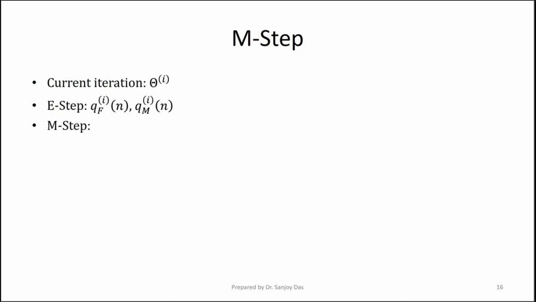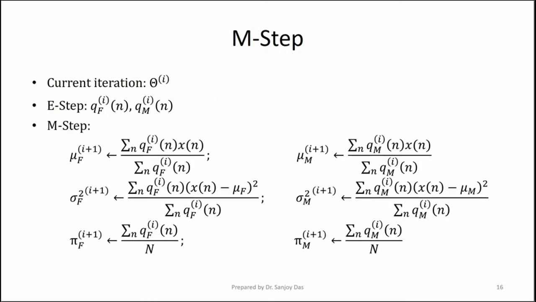So with the values of the parameters that maximize the Q function, we can now proceed and update all the parameters for the next iteration. And that completes the M step.